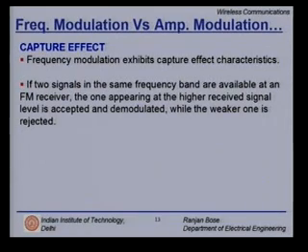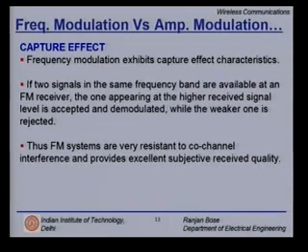Think of co-channel interference. FM has an inherent expertise to reject the weaker signal even though it is in band. It will only pick up and amplify the signal at the slightly higher signal level.